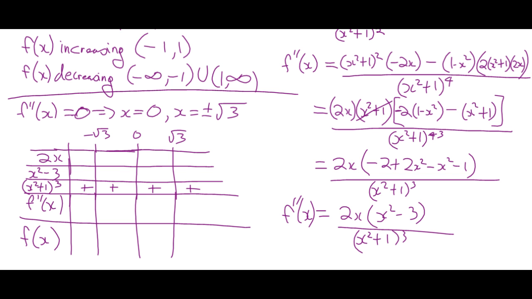Okay, so this is the chart we want to fill in then, right? We have found where the second derivative is 0, which is the likely points of inflection. Okay, not guaranteed, but likely, only if the concavity is changing, right? Okay, so that's negative, that's negative. That's just 2x, right?